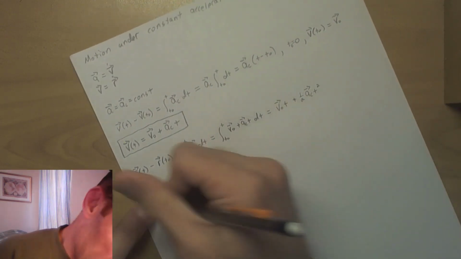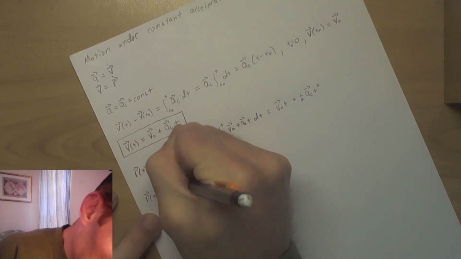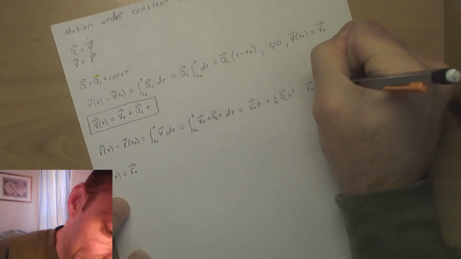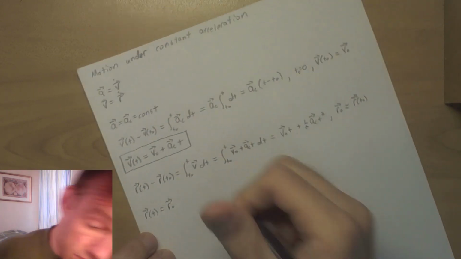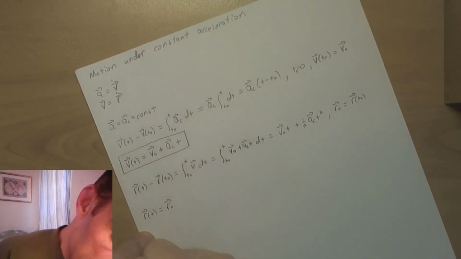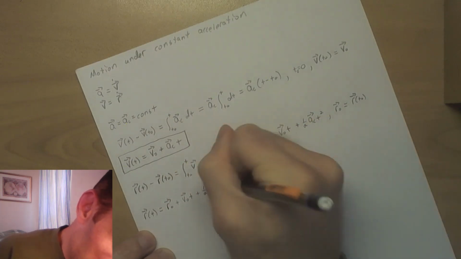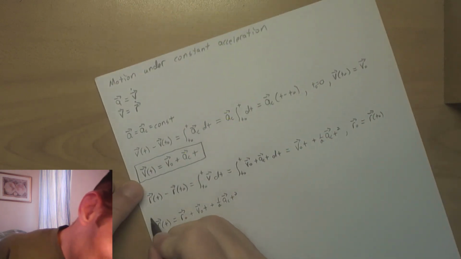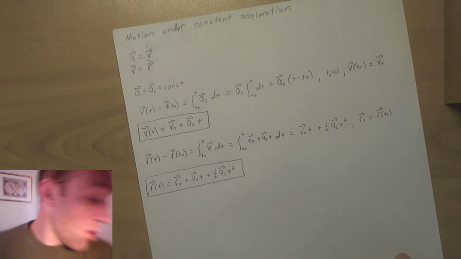All right, so I can rearrange this, where r naught is the initial position.